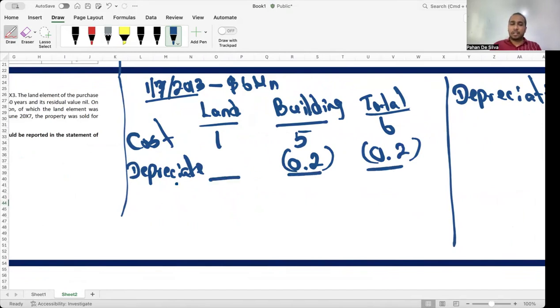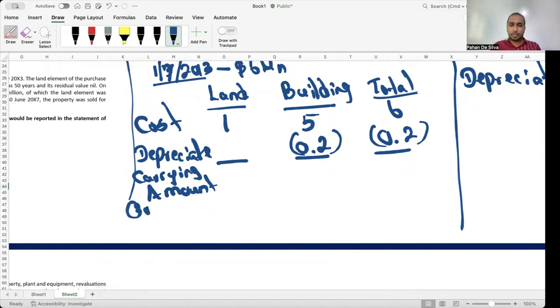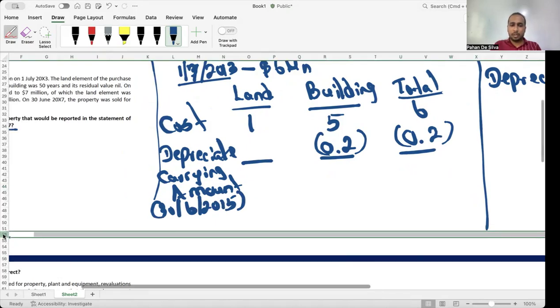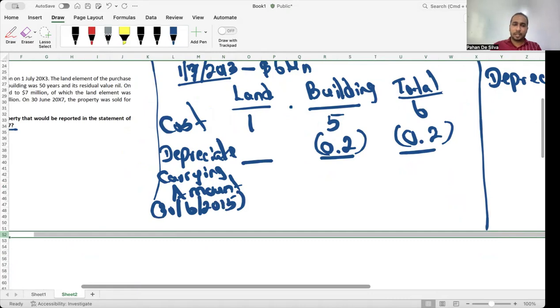Now you can take the carrying amount as of 30th June 2015. Okay, I will get more space to do the sum.